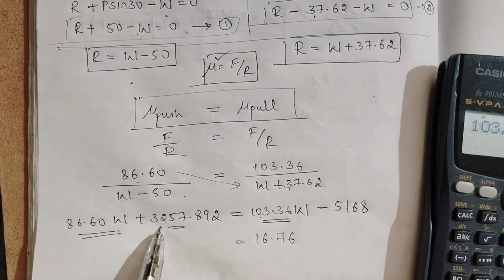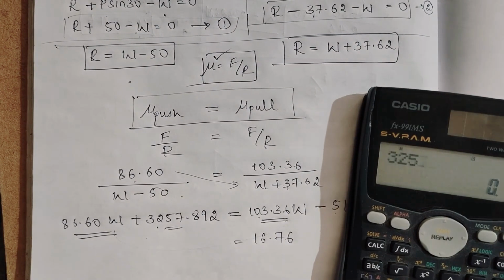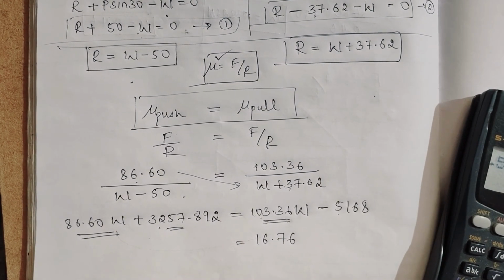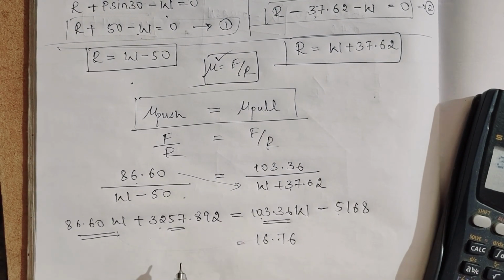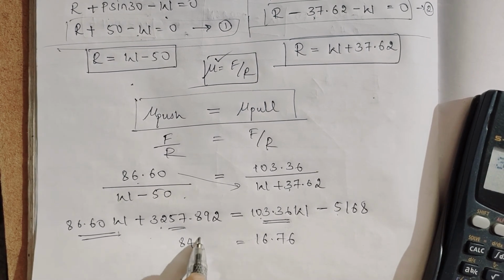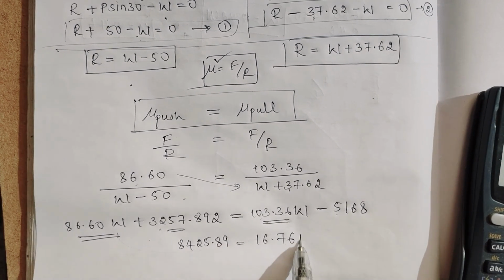Then I'll bring this to this side: 3257.892 plus 5168, it is 8425.89. Okay, this is W.